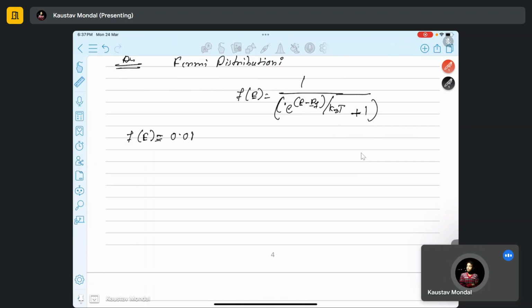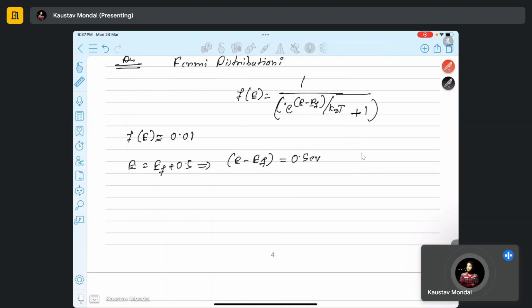That particular state, as we already discussed, is 0.5 volt above the Fermi energy. This means E minus EF would be 0.5 electron volt, right? And kB is the Boltzmann constant. But in this problem, you have to carefully convert this Boltzmann constant that is given in joule per Kelvin to electron volt per Kelvin.